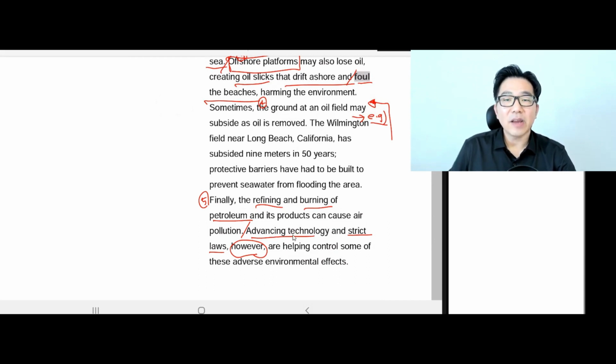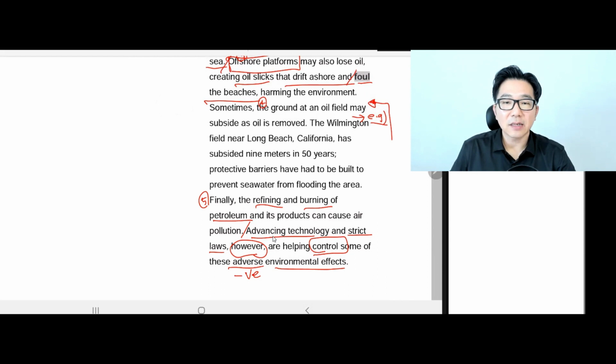But advancing technology and laws are helping control, or try to control, I guess, some of these adverse negative environmental effects. Okay.